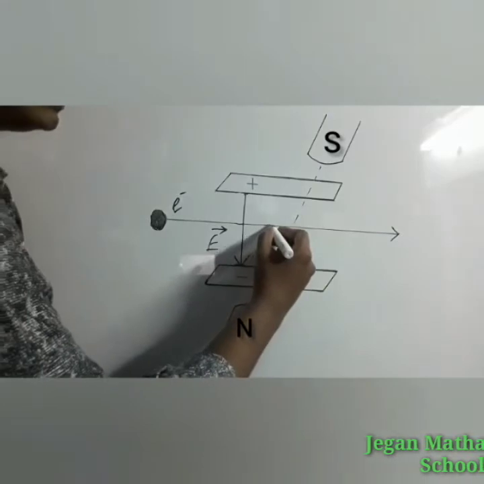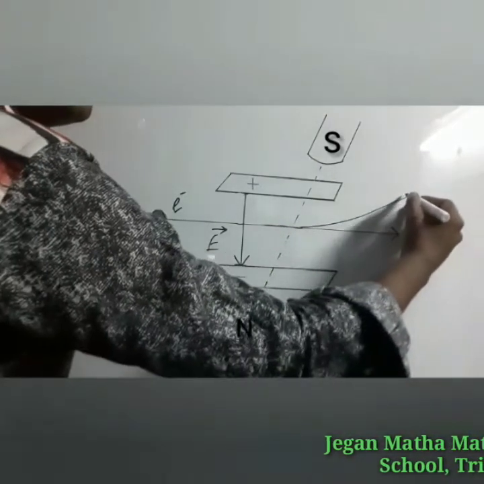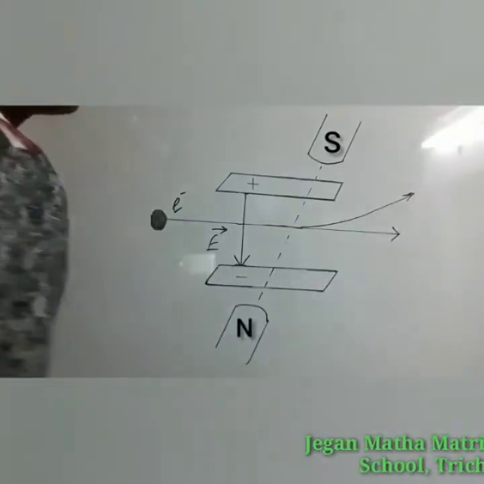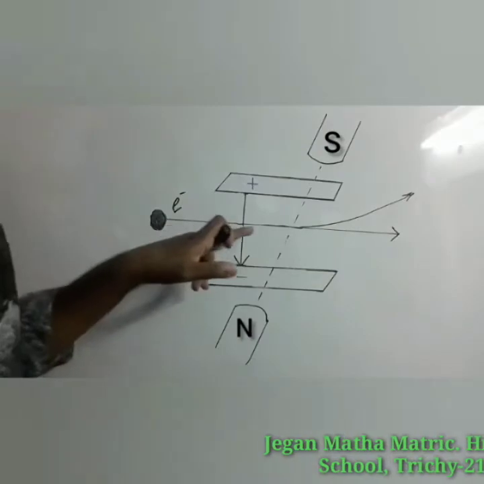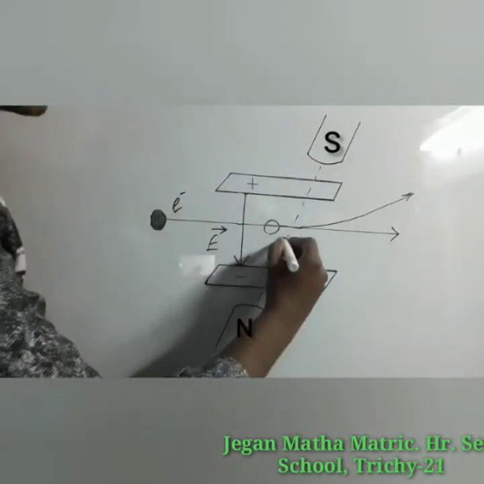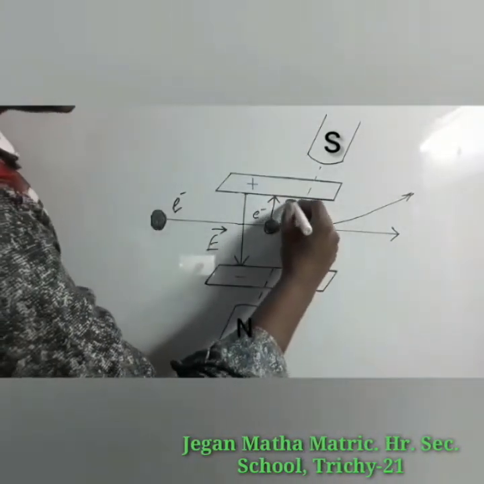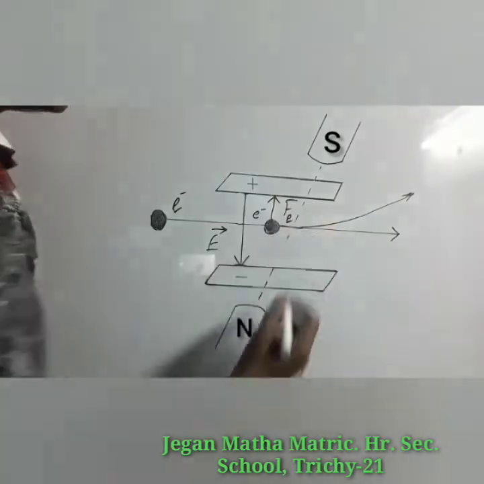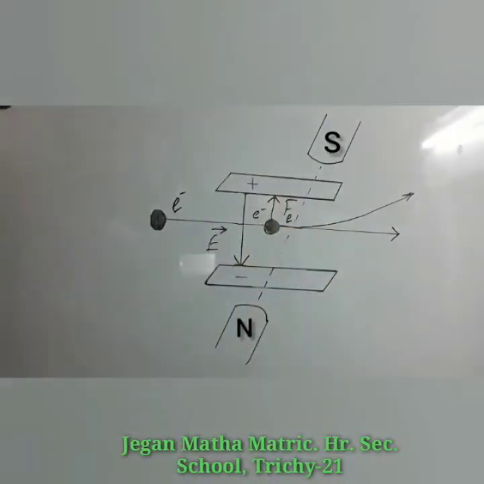Due to that, it will deviate from its original path and fall on the point P. Why is it deviated like this? Because it is attracted by the positively charged plate. So here the electron experiences an upward force. Fe is the force given by the electric field.